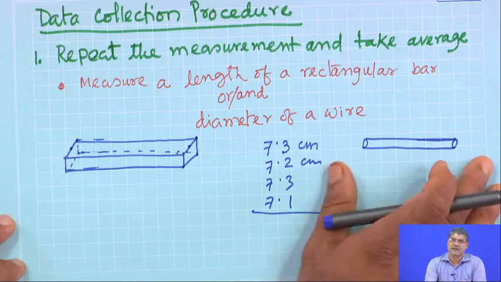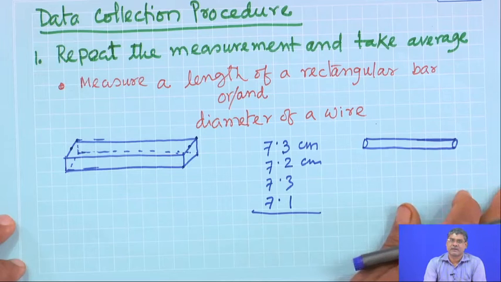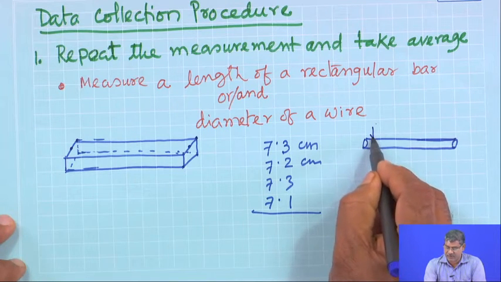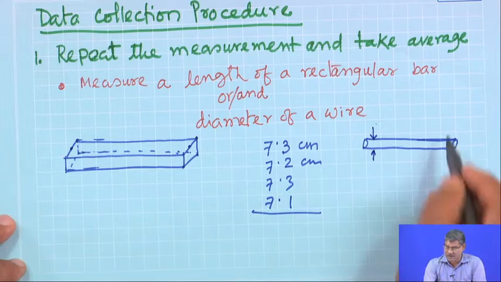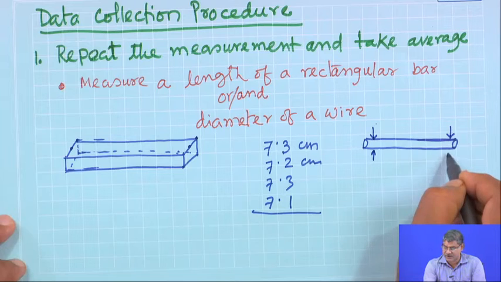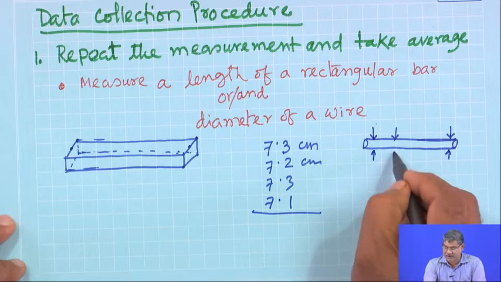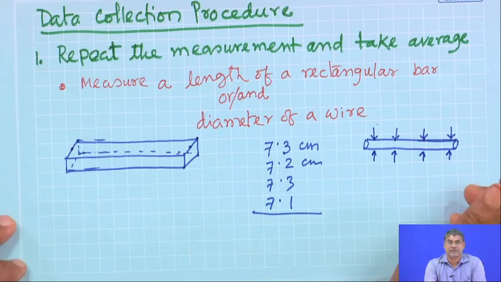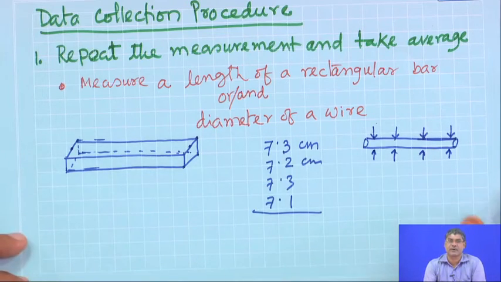I assume it may not be perfectly uniform all along the length, so I will take a few readings, one near this edge, one near the other edge, and in between I will take 1, 2 or 3 more results depending on the length of the wire.